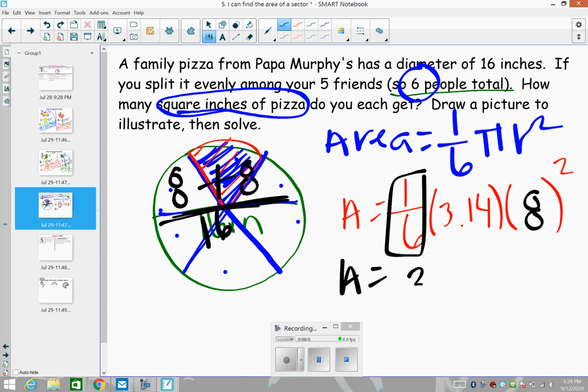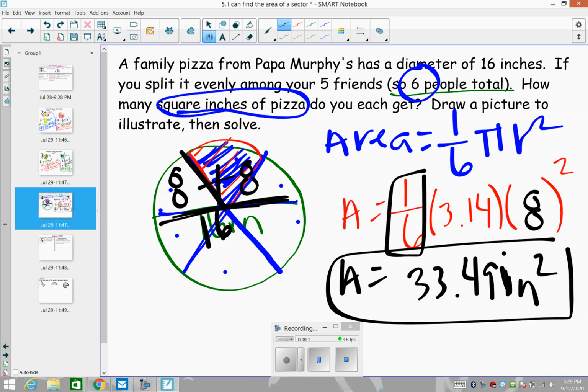So we know that each person gets 33.49 inches squared of pizza, or square inches is what we would call that. So each of the 6 people get that.